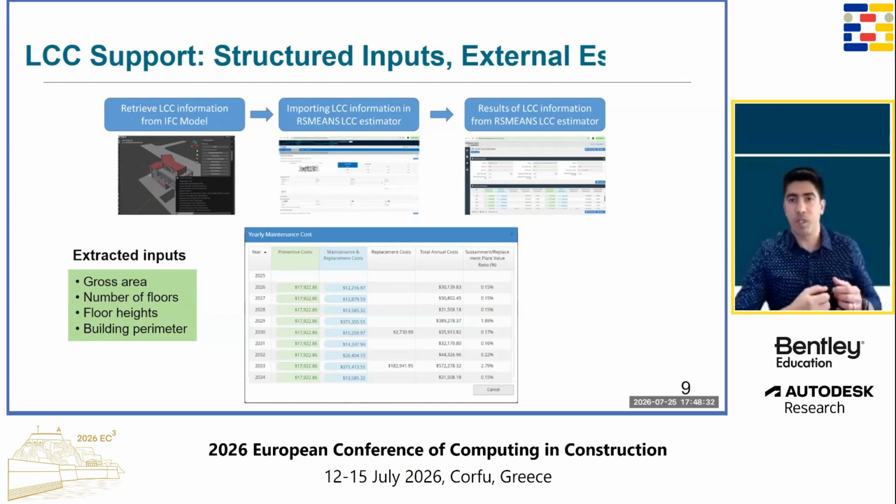The inputs come from the IFC file of the whole asset, and are provided to the user for running this LCC analysis, to have this projected data related to the preventive cost, maintenance and replacement costs through this LCC analysis.